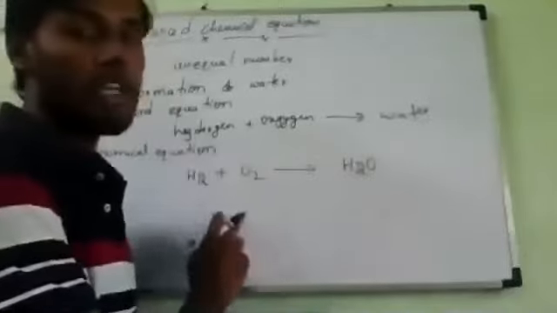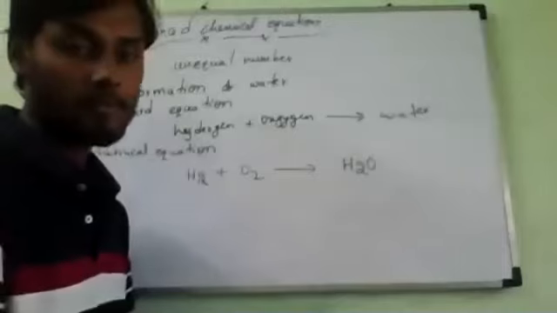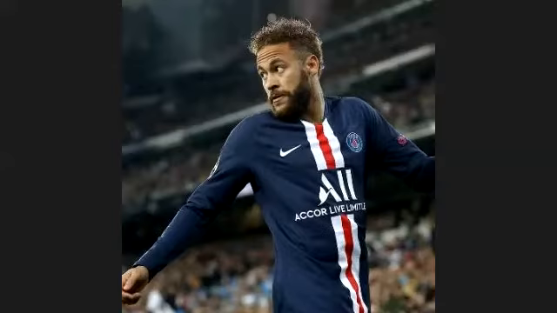Here how many elements are unbalanced in this equation, one element or two? In this equation only one is unbalanced, oxygen, but even if one or more elements are unequal between reactants and products, it will be unbalanced.